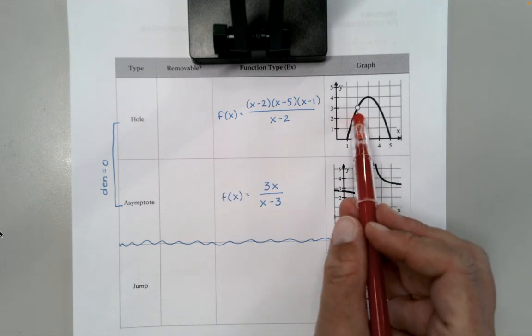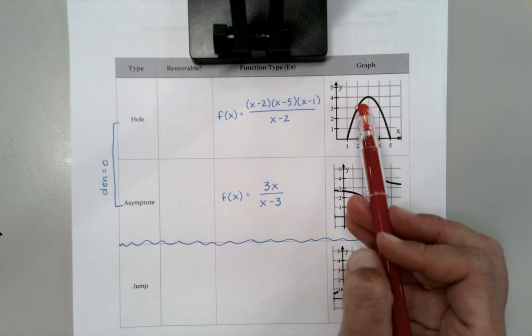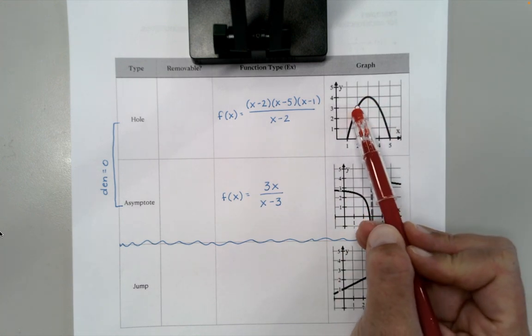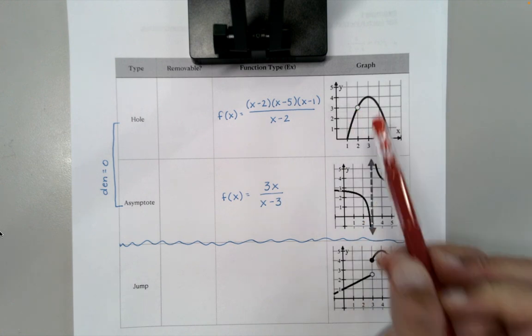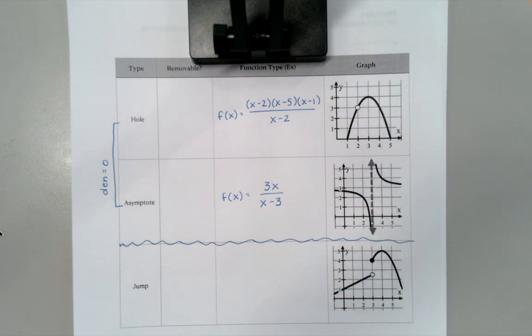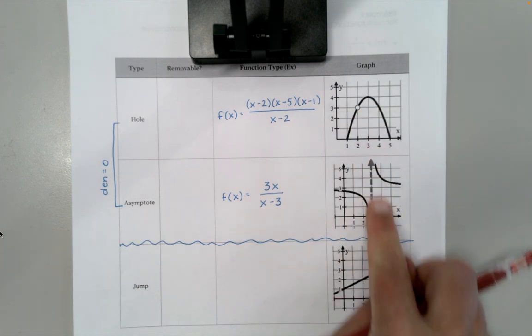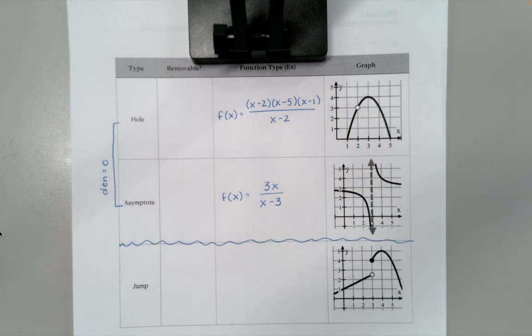But they show up differently in the graphs. This one would make a hole in the graph, which means the rest of the graph looks totally fine, and then there's this tiny little pinhole that you probably wouldn't be able to see if you made this graph on your calculator. This one makes a giant asymptote where the entire graph breaks in half. The difference between those two things is whether or not the discontinuity is removable.